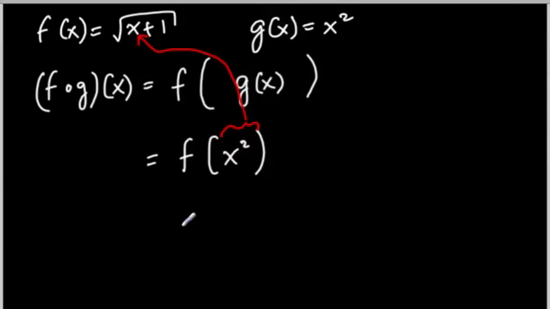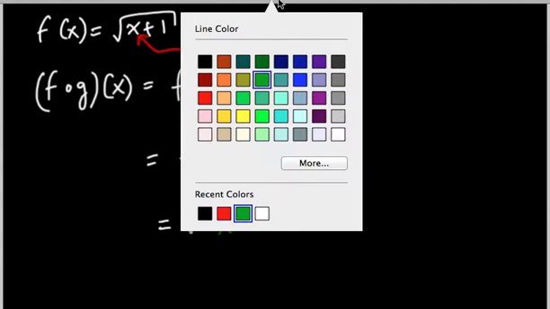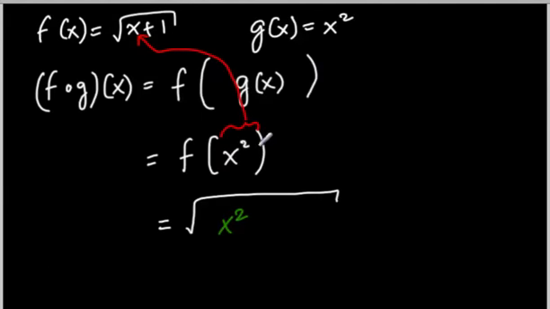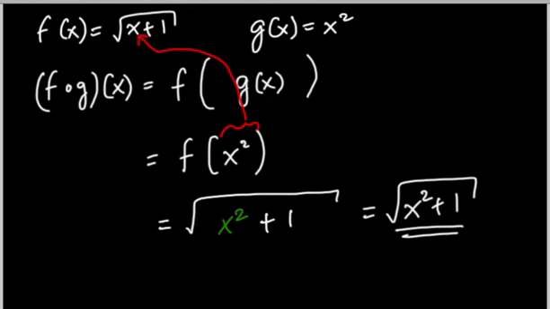So basically, this becomes the square root, and maybe I'll just write this in green, and instead of x, I'm going to replace it with the argument over here, which is x squared, but I'm going to keep everything else the same, right? All I have to do is replace x with the argument, and then plus 1, right? So this is it, and this can't be simplified any further, so the answer to f of g of x is simply the square root of x squared plus 1. All right, and that's our solution.